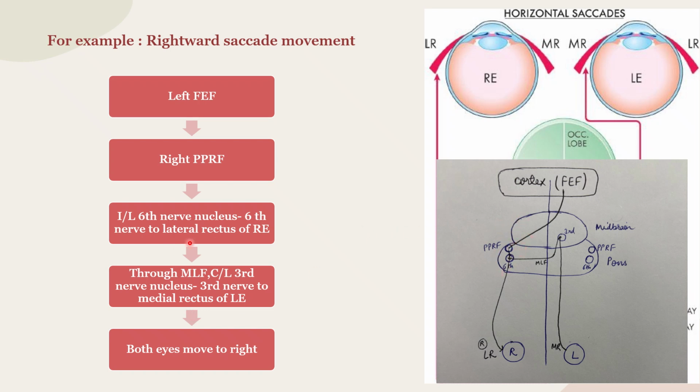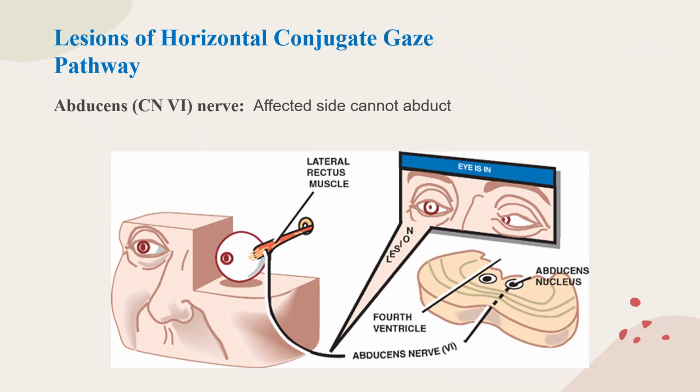Then the ipsilateral sixth nerve nucleus is stimulated, which leads signals to the sixth nerve and to the lateral rectus of the right eye, and then through the MLF to the third nerve nucleus. Then the third nerve is stimulated, which leads signals to the medial rectus of the left eye. That leads to both eyes moving towards the right side. This is the horizontal gaze movement.